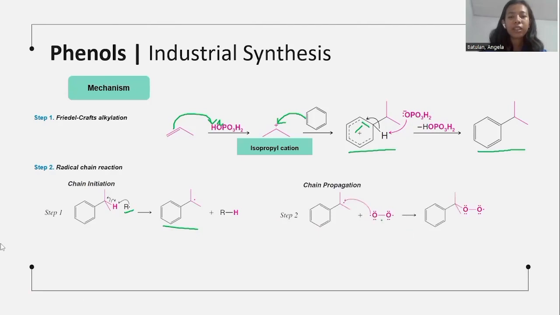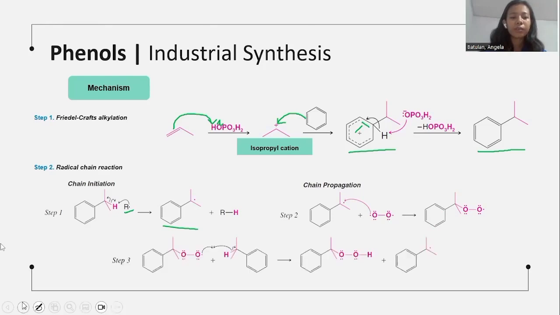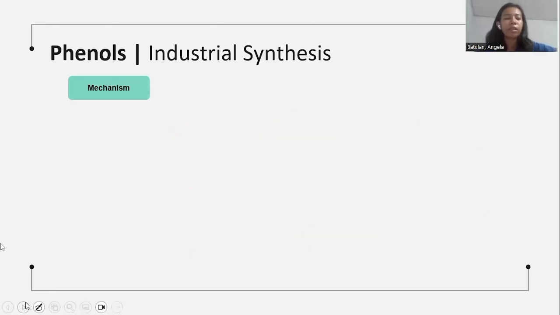So, in radical form ng oxygen, ayan, magpo-form ng bond, tapos ito yung magiging product, and mag-protonate yan to produce this cumene hydroperoxide. Ito na yung gagamitin natin to synthesize phenols.